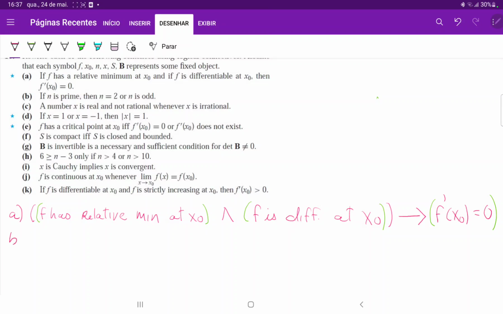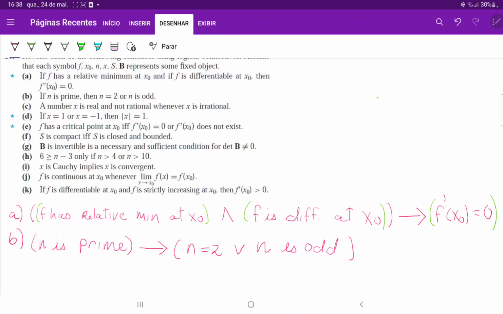So I'm going to put parentheses here, then our conditional arrow, then n equals 2 or n is odd, right?